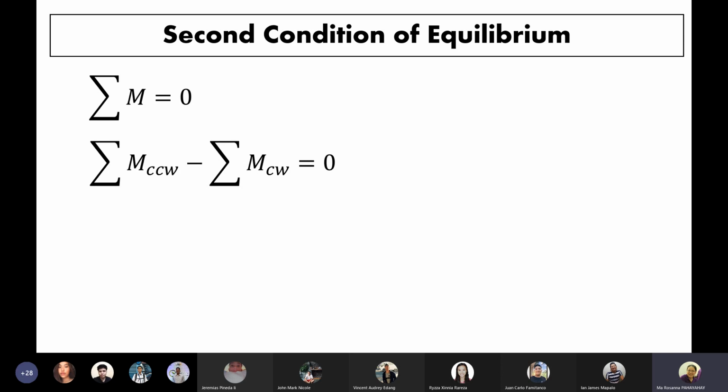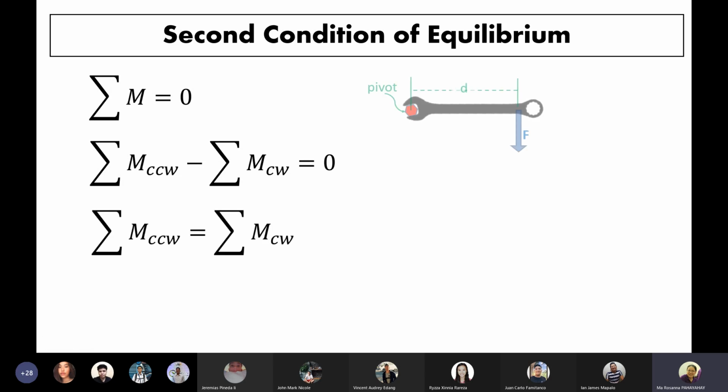Now for the 3D, you have to know the basic that if a certain force, okay, para magkaintindihan tayo yan, okay? So if this is the pivot and this is our force, the force applied, and this is the moment arm, you have to determine if this force applied to our system will make our system turn clockwise or counterclockwise.